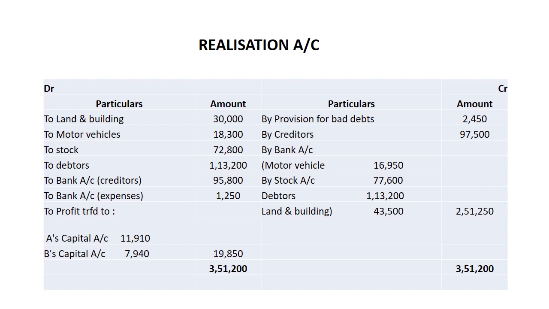Move on to the debit side. To profit transferred to A's capital account 11,910, B's capital account 7,940, and this has been transferred by their profit sharing ratio, which is given to you in question number 4, 3:2.